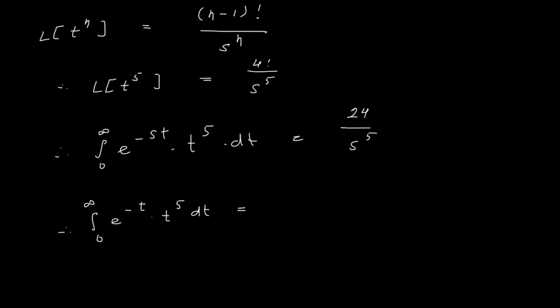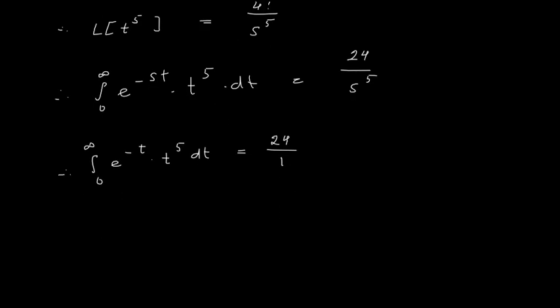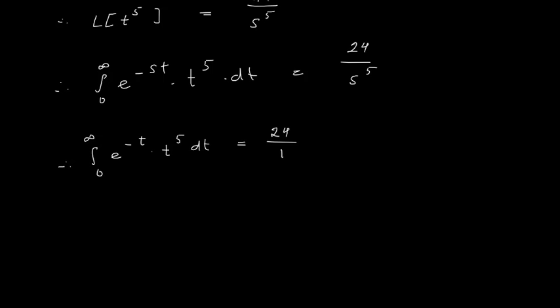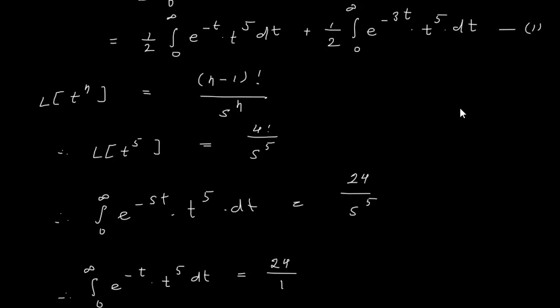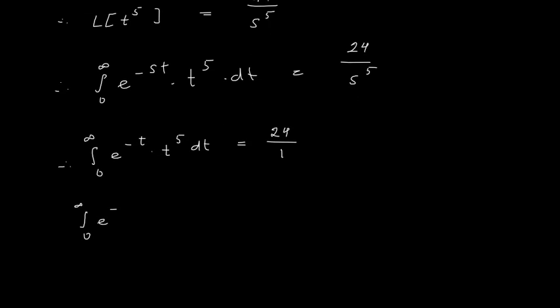This will become 24 upon s, in place of s what I am putting, 1, so 24 upon 1. And for 0 to infinity e power minus 3t into t power 5, here s is 3, so this becomes 24 divided by 3 power 5.